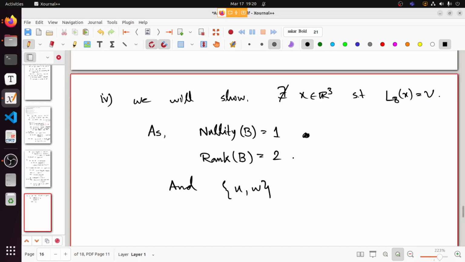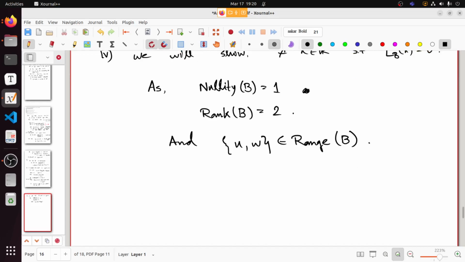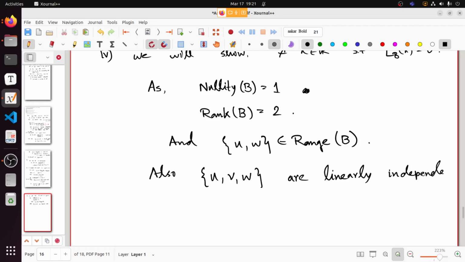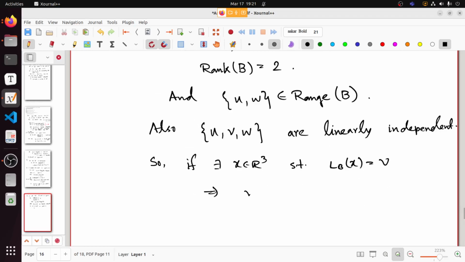U and W already belong to the range space of B, right? Also U, V, W, we know these are linearly independent. We have checked all these earlier, right? Linearly independent. So if there exists some x in R3 such that LB of x equals V, which will imply then V is also in the range space of B, right?